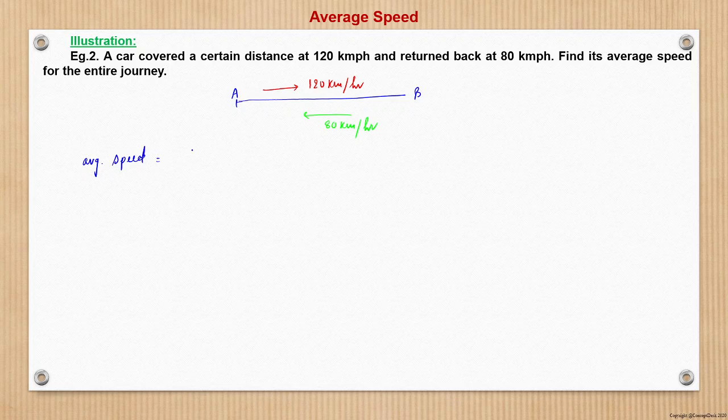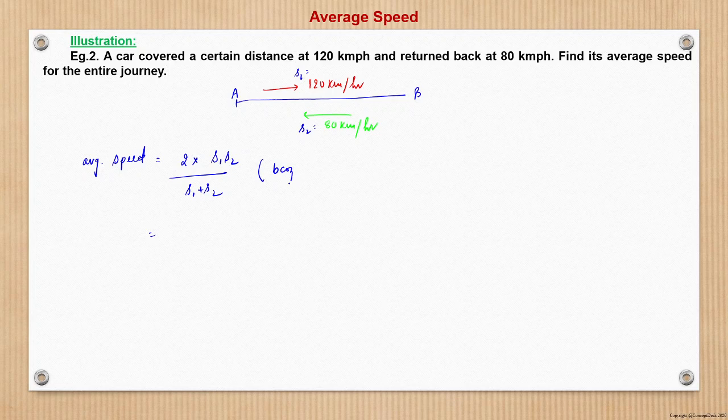So average speed, we know that since the distance covered in the two cases is the same, we can use the formula 2 s1 s2 upon s1 plus s2. Let it be s1 and let it be s2. Why?